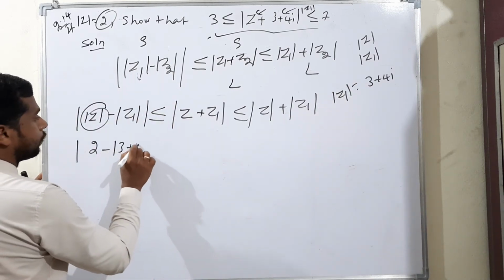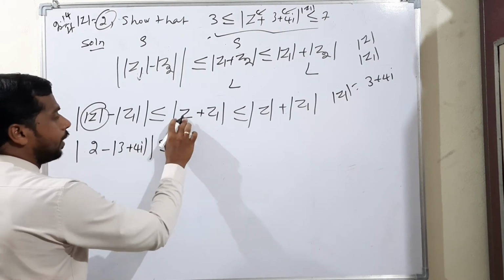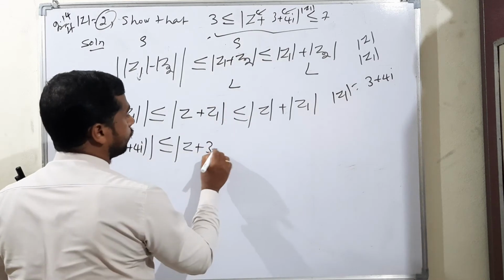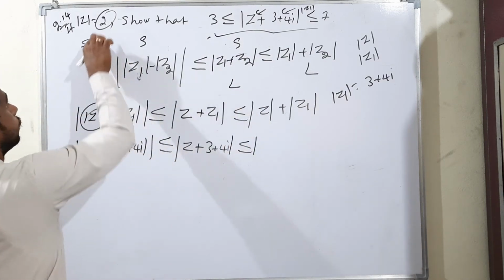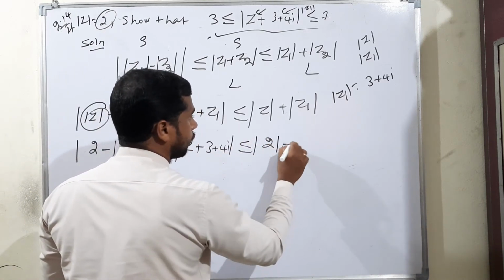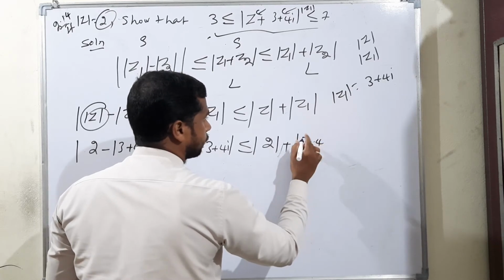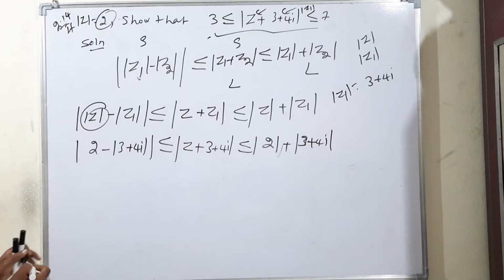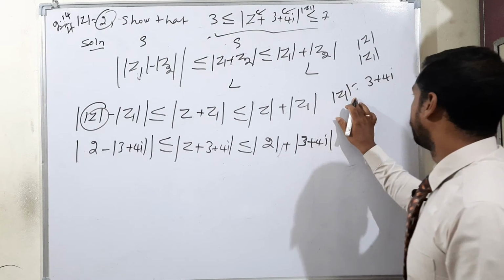So 2 minus modulus of 3 plus 4i, less than or equal to modulus of Z plus 3 plus 4i, less than or equal to modulus of Z, which is 2, plus modulus of 3 plus 4i. If you remove the modulus, what will happen?